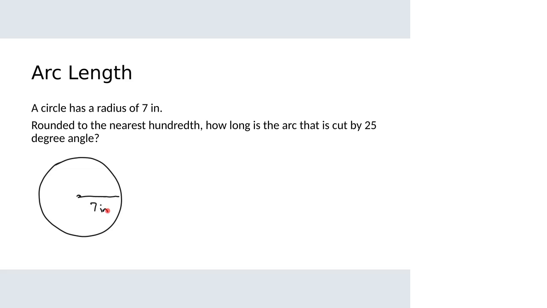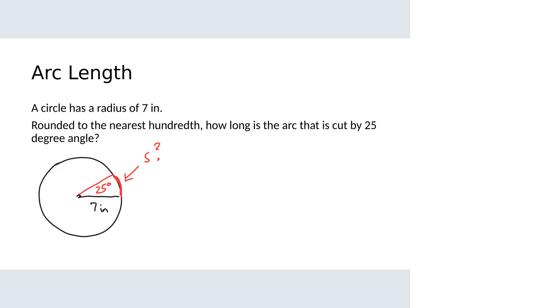What we want to know is if I were to cut a 25-degree arc in here. So let's just say, right here, I'm looking at this arc, and there's a 25-degree angle right there that makes that arc. What we're asked for is how long is that arc? What would the length of it be?